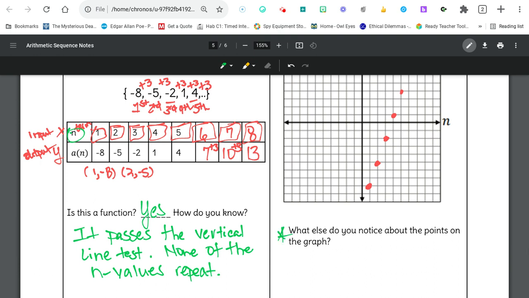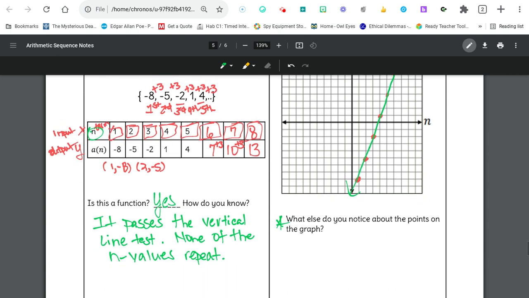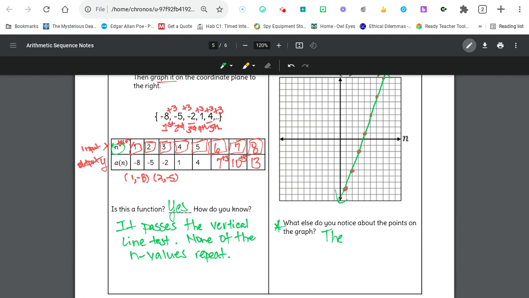Look over here. It says, what else do you know about the points on the graph? Well, these points are also in a straight line. So an arithmetic function is not only a function, it is what we call a linear function.